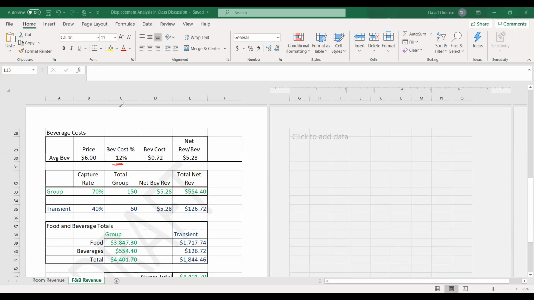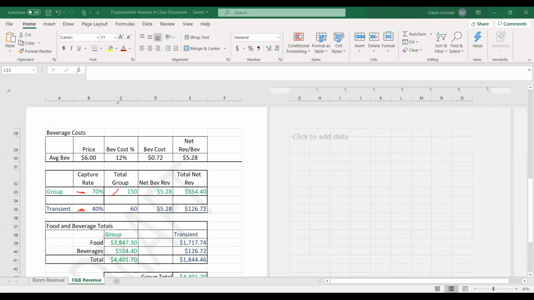So with the beverages, we do a capture rate for everybody. You'll notice that different from the food, there's a capture rate for group and a capture rate for transient. The same thing applies.